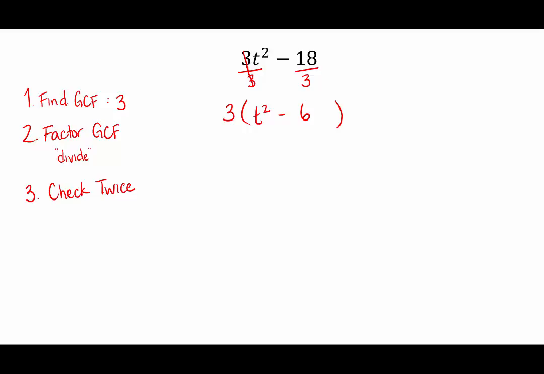To check our answer, we're going to use the distributive property. So draw on my arrows. Remember, that's to remind me to multiply. 3 times t squared is 3t squared, and 3 times negative 6 is negative 18. Does that match my original equation? Yes, it does. So that's my second check. That means we can take confidence in that we factored correctly.